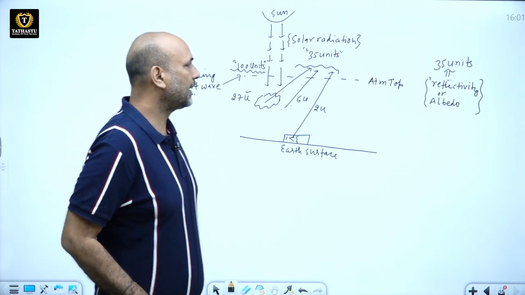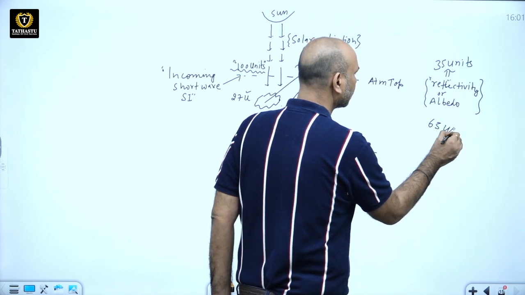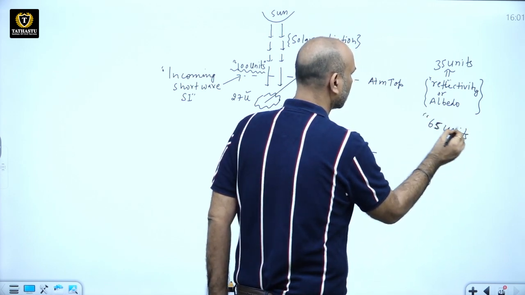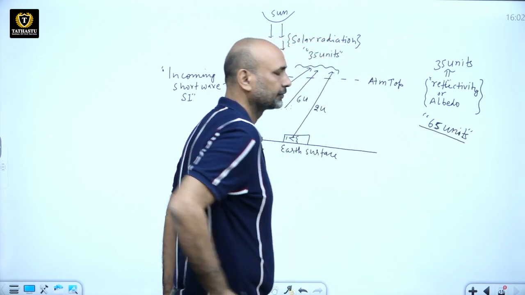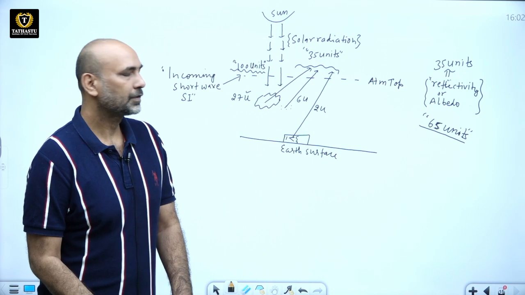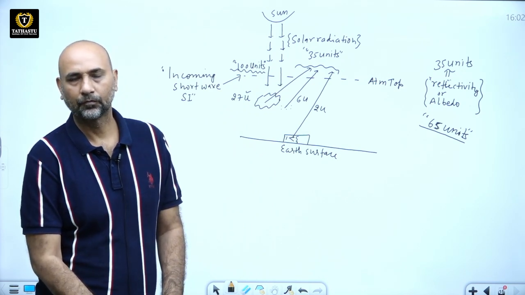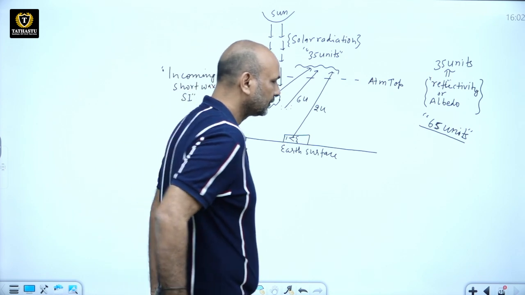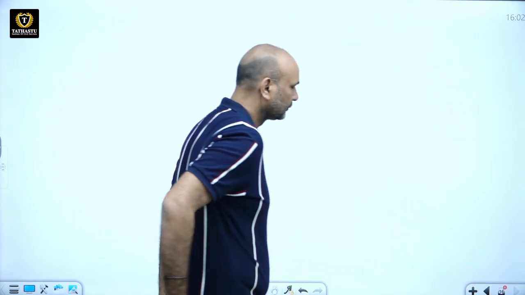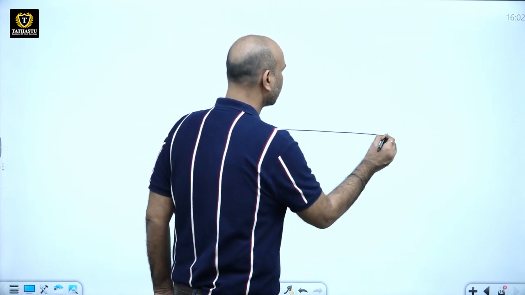Now, how much is left of incoming shortwave solar insolation? 65 units. How much are there with us? 65 units. So I am giving another diagram.